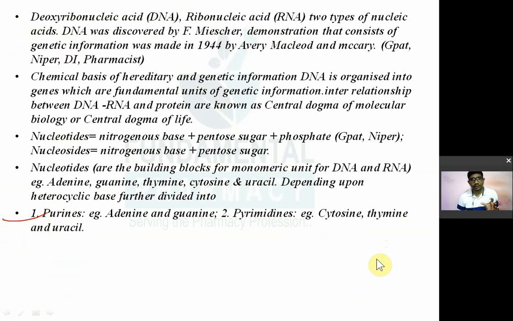So DNA and RNA differ in the pyrimidine base. Purines remain the same, pyrimidine differs. Particularly, in place of thymine, RNA has uracil. So DNA has thymine, a pyrimidine, and RNA has uracil.